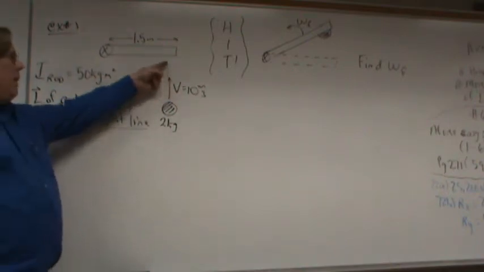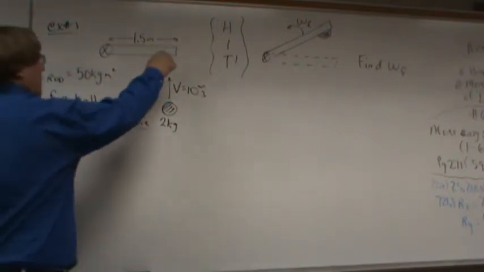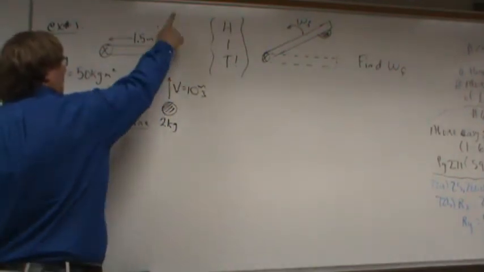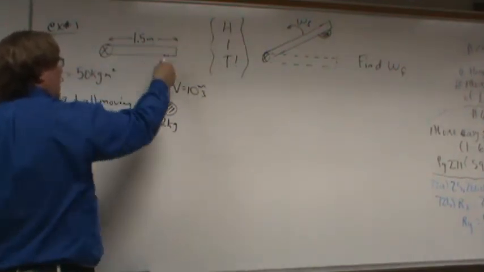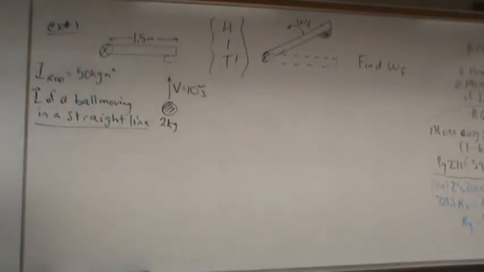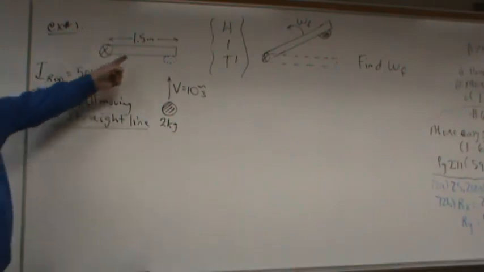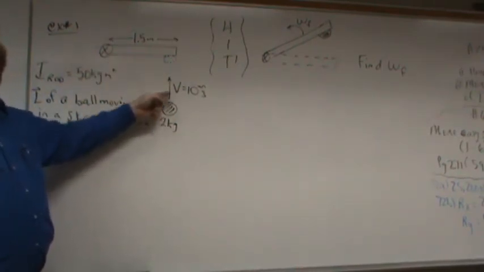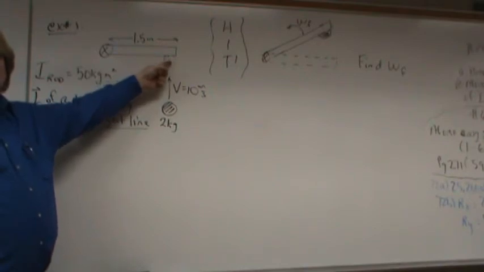This ball eventually is going to hit the rod. And this ball will be going 10 meters per second vertically right when it hits this horizontal rod. Well, this horizontal rod doesn't know that this ball coming at him was coming at him in a straight line.